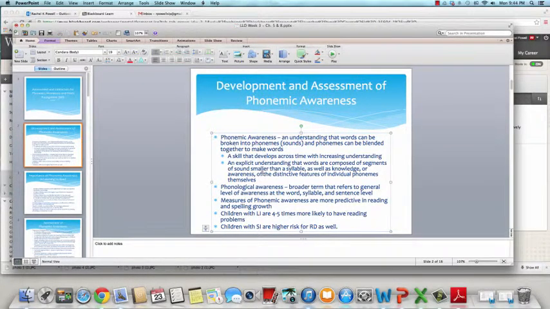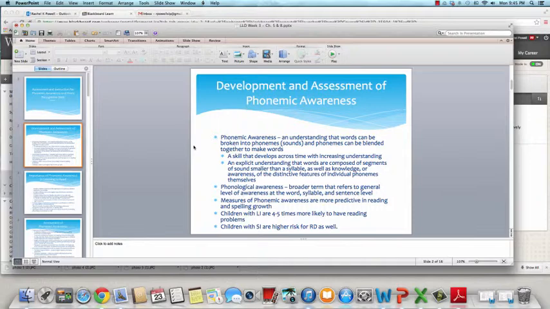So this is a skill that develops across time with increasing understanding. It's going to get progressively more extensive and more difficult as you're teaching it, and students are going to grow as they learn these skills. You start off with simple identify phonemes in words or segment phonemes in words, such as three-phoneme words, a CVC word.